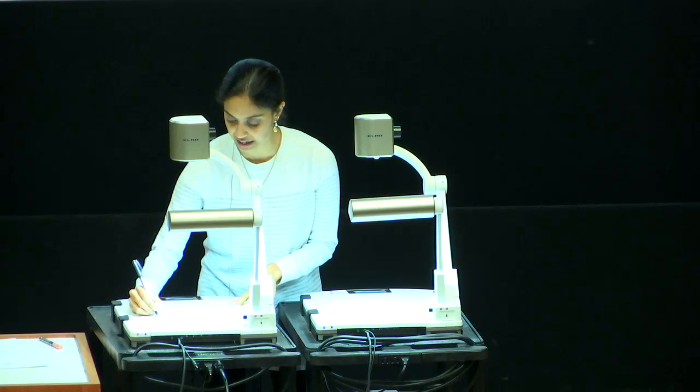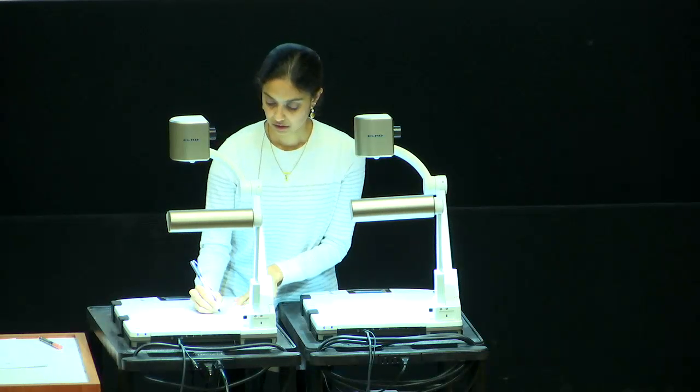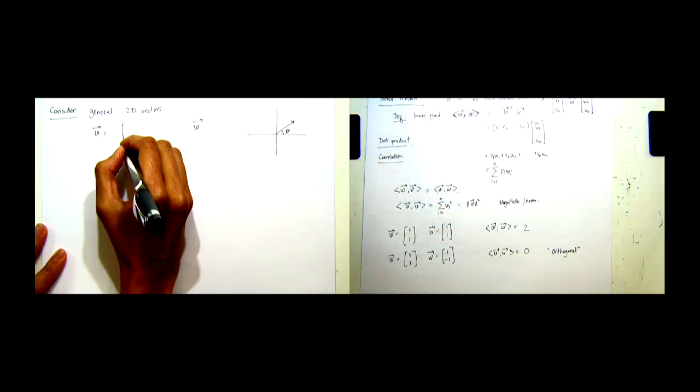If this angle is theta, I can use polar coordinates, right? I can represent this as cosine theta, sine theta, right? If this seems unfamiliar, go remind yourself of the discussion problem on rotation matrices from Module 1.